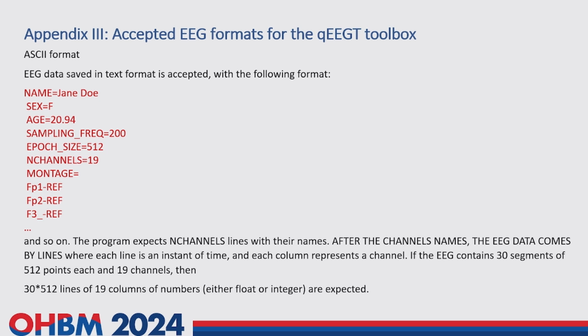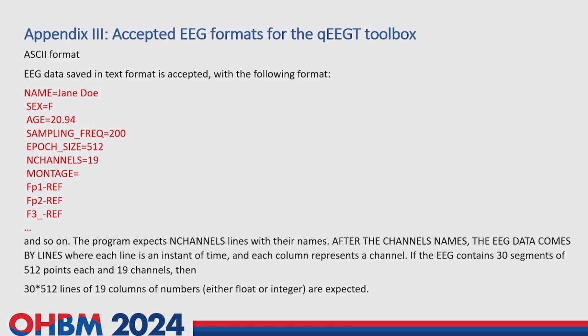And the other one is a generic ASCII file that is prepared in this way, and that you can use. So you can prepare your data like this, and use them as input for your processing. The first thing that you need to know is that you send the qEEG clean signal, not the whole spectra. You need clean signal, so before sending to the qEEG, you need to select the analysis windows.